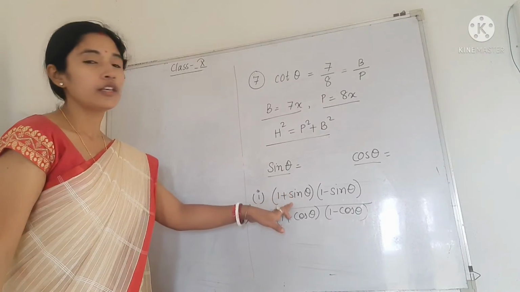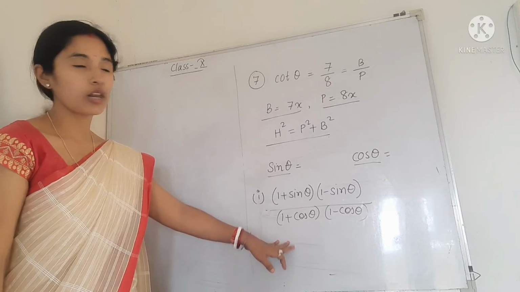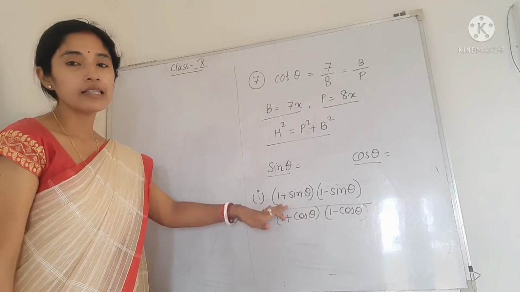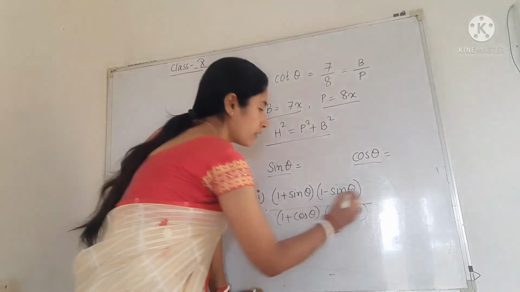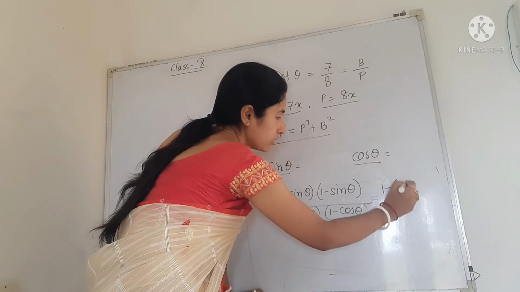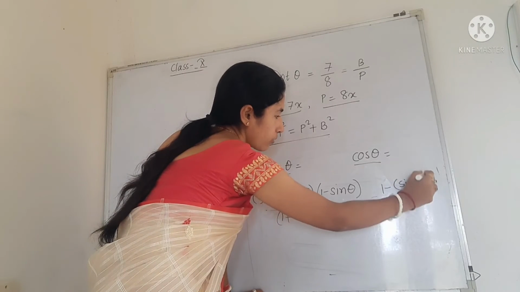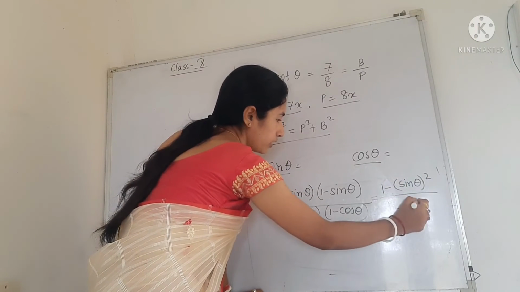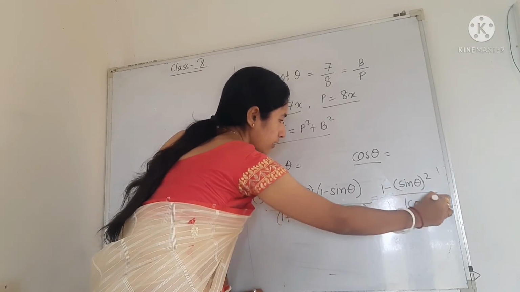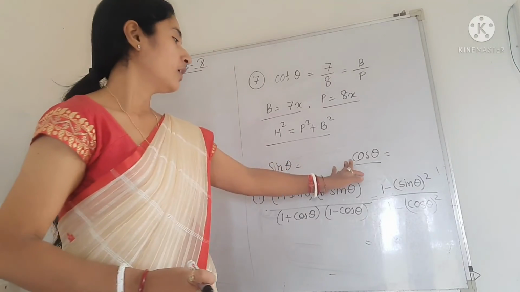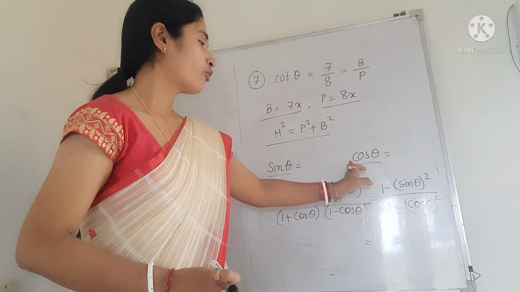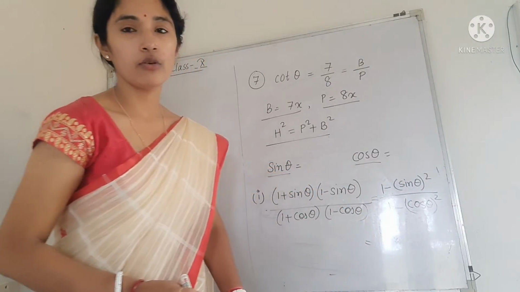You can see in the numerator and denominator there is a formula which is applicable, that is (a plus b)(a minus b) equals a square minus b square. So you can write the numerator as 1 minus sin square theta. Similarly, in the denominator you can write 1 minus cos square theta. So the values of sin theta and cos theta which you get, you just put here and you will find the value of this one.